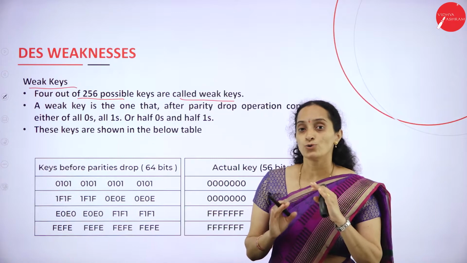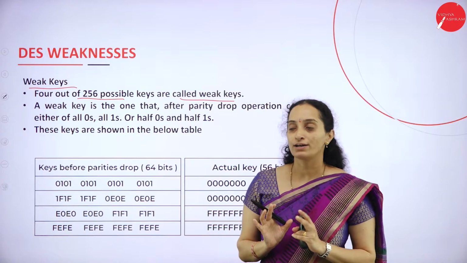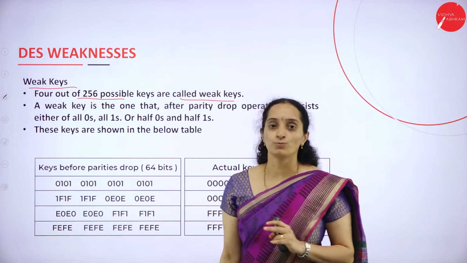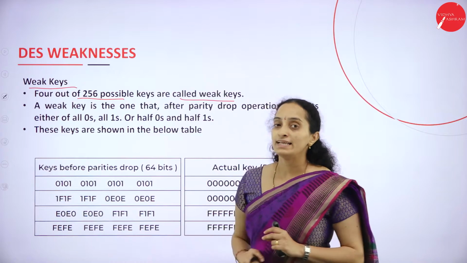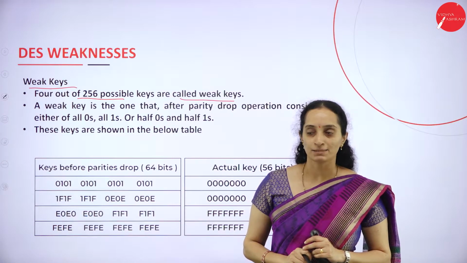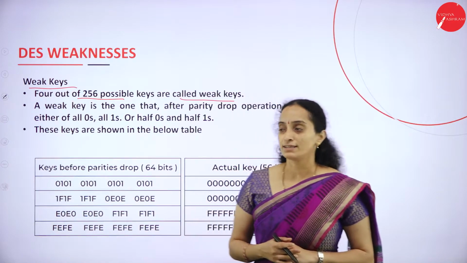If you take the 2 to the power of 56 key domain, divide it into groups and take a group of 256 possible keys, in each 256 keys, 4 will be called weak keys.